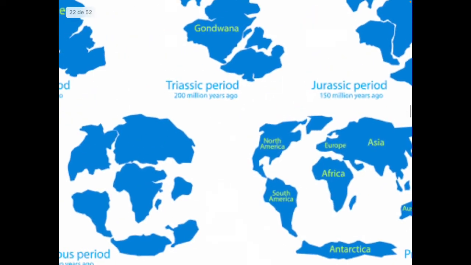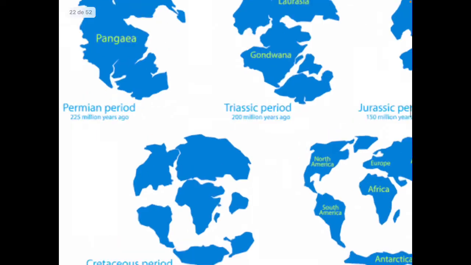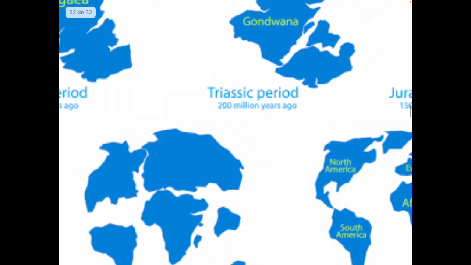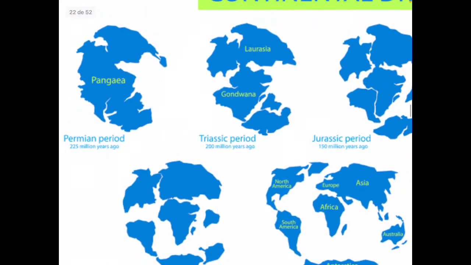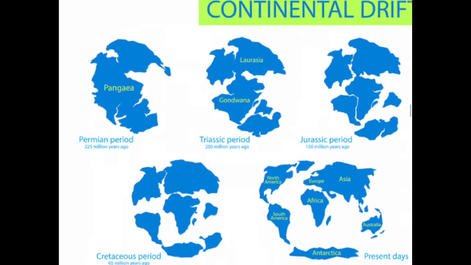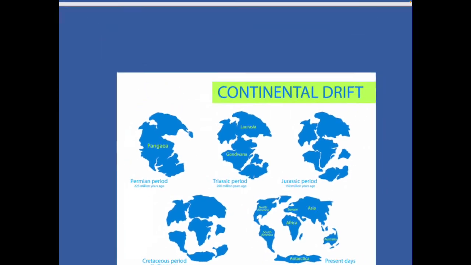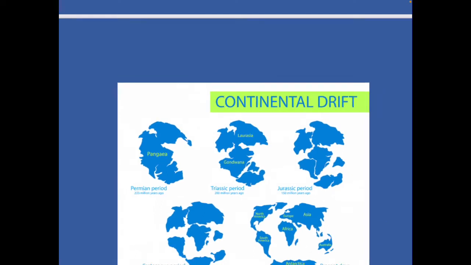Or perhaps we find a piece of mountain that is in Canada and that also is shared in Russia, and that is because they used to be together, right? So we are going to be following all these traces along with volcanoes, along with earthquakes, and we will be able to see not only that they are moving, but in which position they were found years and a lot of years before us.